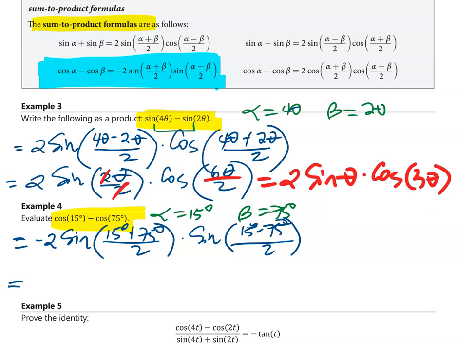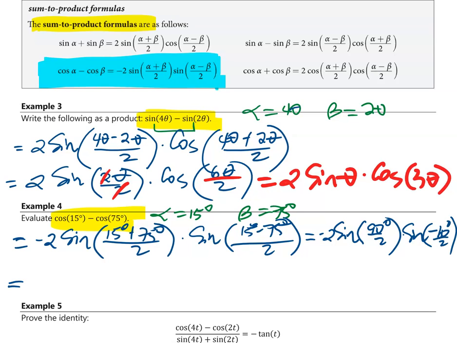So this is equal to 15 plus 75, which is 90 degrees over 2, and sine of 15 minus 75, which is negative 60 degrees over 2.